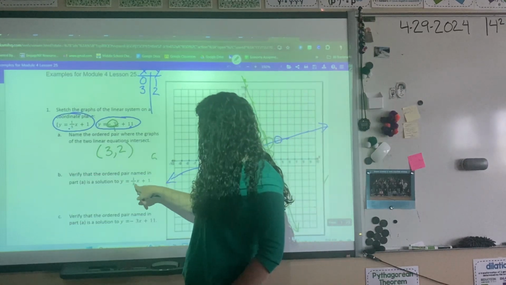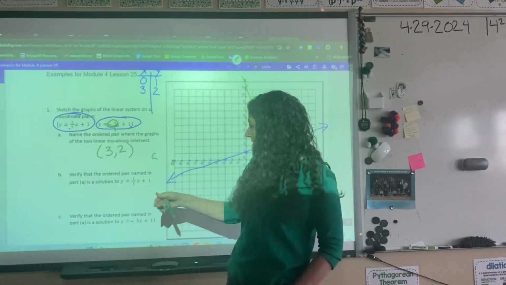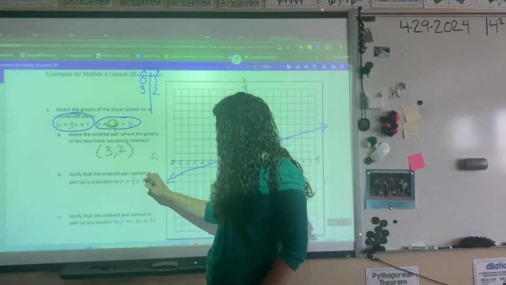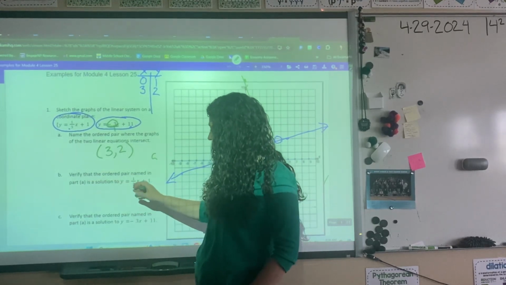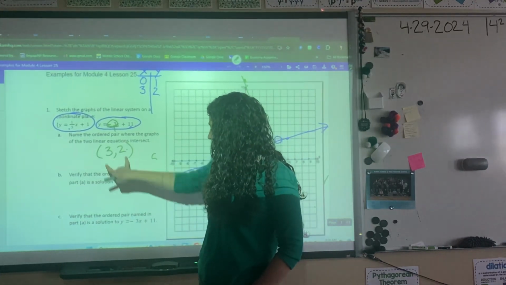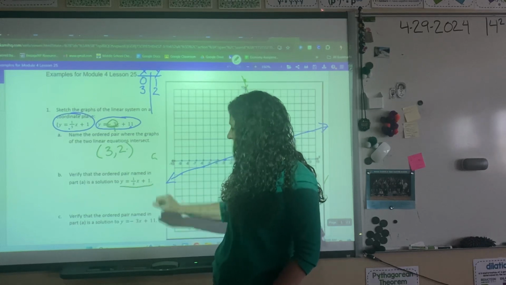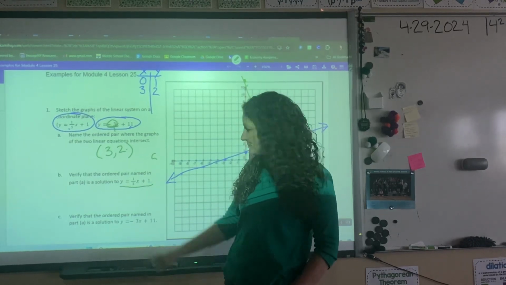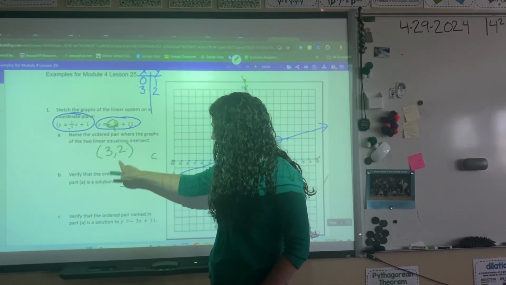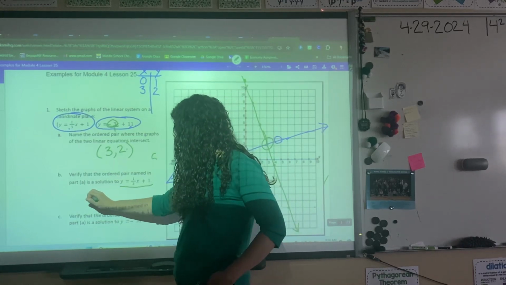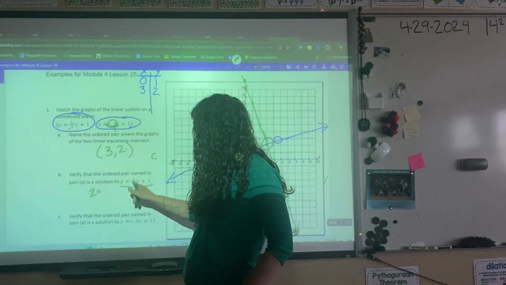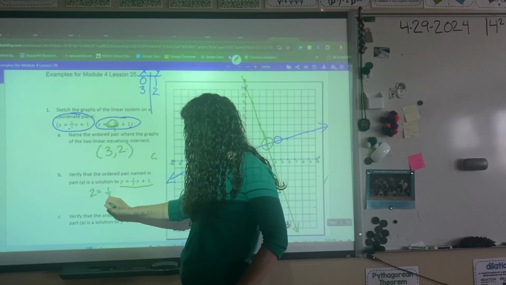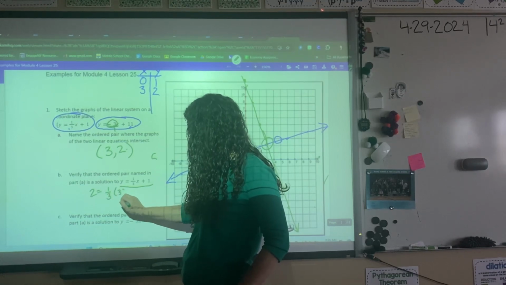Now we're going to double check that this really works. When it says, verify that the ordered pair named in part A is the solution, we're going to say, does this ordered pair really make that equation true? So wherever I see a y, I'm going to put in 2. So 2 equals 1/3 times x. What's x? 3, plus 1.